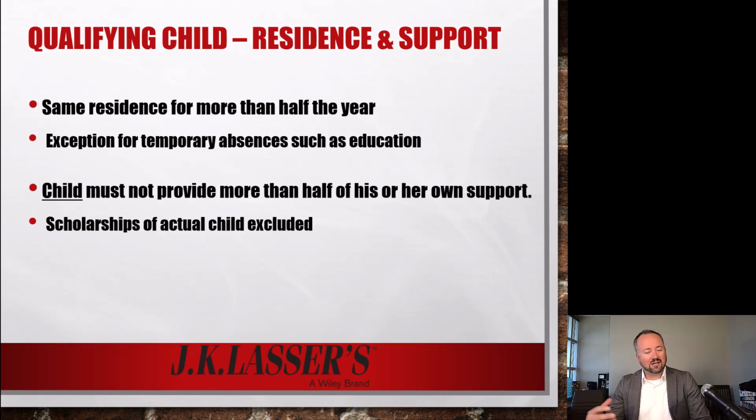If it's a grandchild, that would not be the case. All right, so this is really important what the perspective is, right? Because we have to look at it from, is the child providing more than half of their own support? It doesn't matter if the taxpayer is actually doing it. It only looks at it from the perspective of the qualifying child.